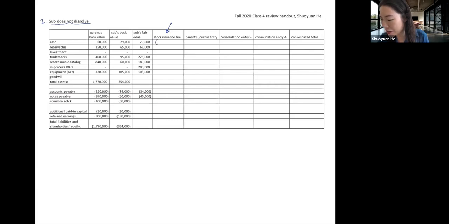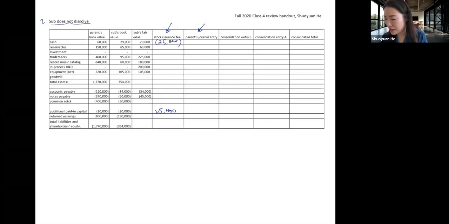We credit cash 25,000 and debit additional paid-in capital 25,000. And then the parent's journal entry. As I just mentioned, in the situation where the subsidiary does not dissolve, the parent uses the investment account instead of putting in all of the subsidiary's assets and liabilities. So it is recording everything into the investment account.